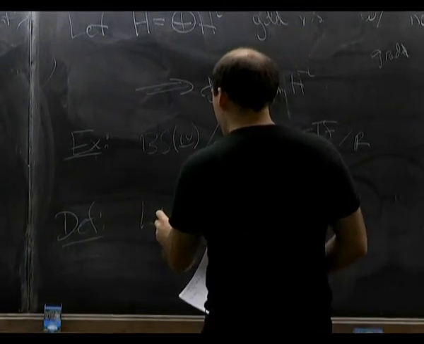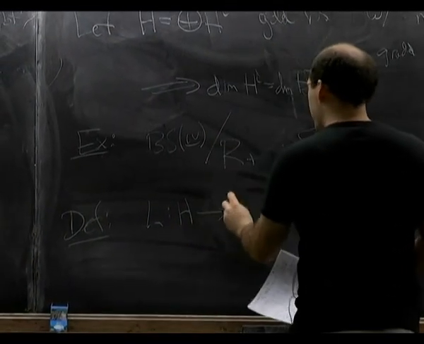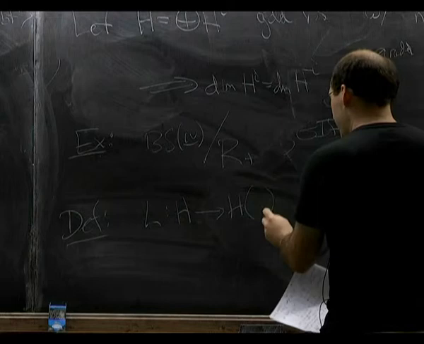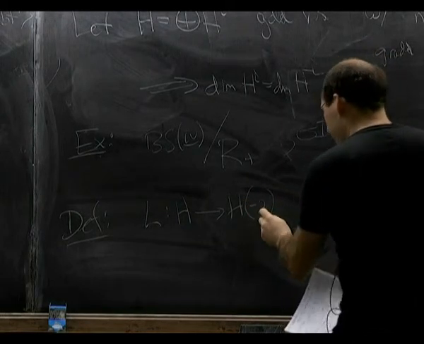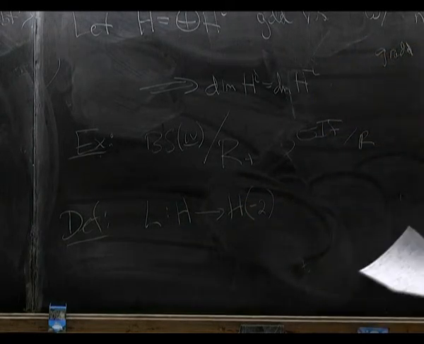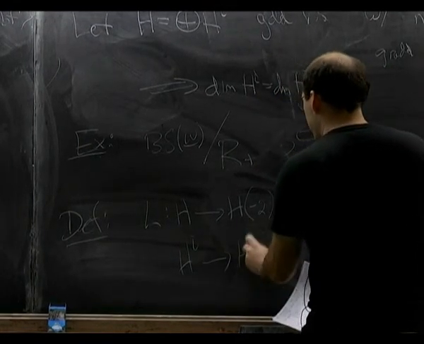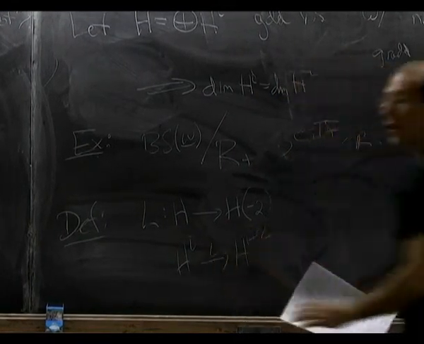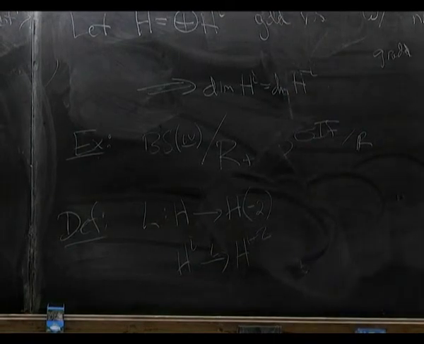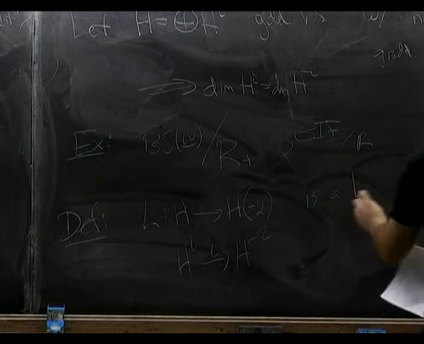Suppose that you have a map of degree 2. In other words, this is a map from H_i to H_{i+2} for all i. We're going to call such a thing a Lefschetz operator.